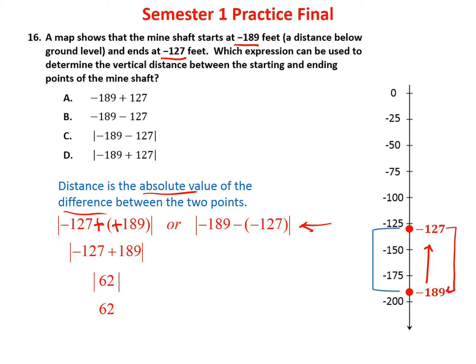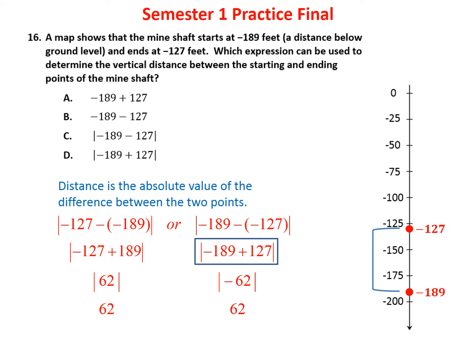The second one, again, I can take the minus and change it to adding the opposite. So subtracting becomes adding, and the opposite of negative is positive. So we end up with just plus 127. In this case, we end up with negative 62, but we're looking at the absolute value, and so the answer there is 62 feet.